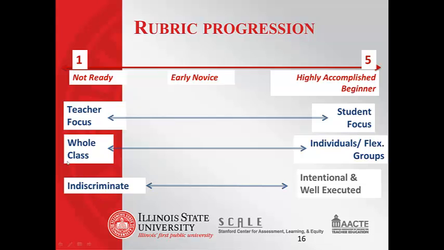Does the teacher just look at the class as a whole, or does the teacher see individual groups? That also makes a difference between a 1 and a 5. Does the teacher just seem to be doing things because they're doing them? Or are they making decisions, and are they doing things intentionally, and are those decisions well executed in the classroom? That is the difference between a 1 and a 5.